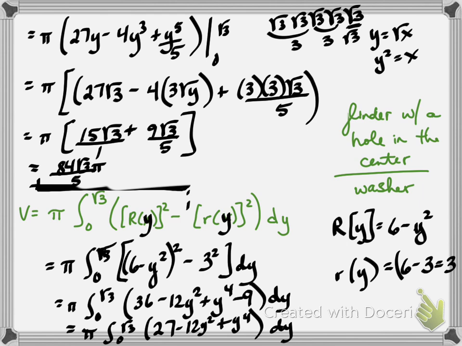So that one is complicated. That one is difficult because of the washer method, because it's a vertical line, axis of rotation. It's got several things going with it to make it a little more complicated.